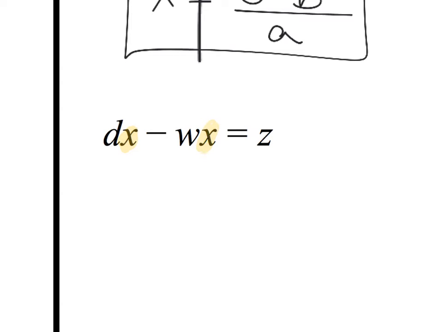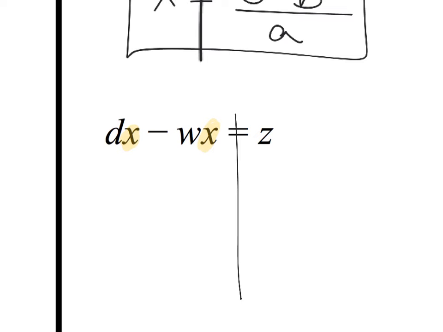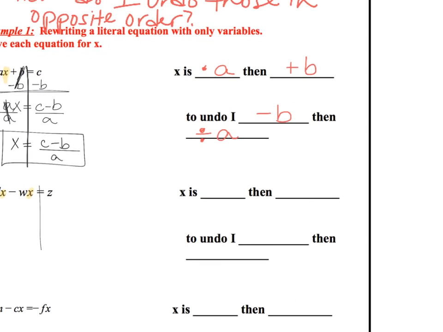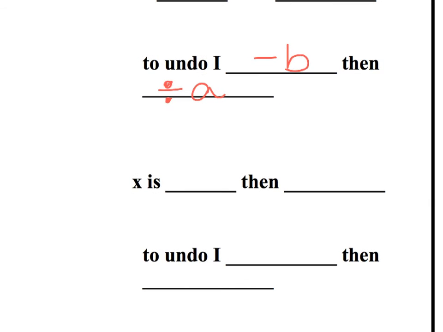So mark in some way that you are solving for the x. When you see two x's like this, or two of the same variable, what has happened is it was distributed. So the x has been distributed to the d and the negative w. I'm going to help you out with this one. The first thing that happened was x was multiplied by d minus w.